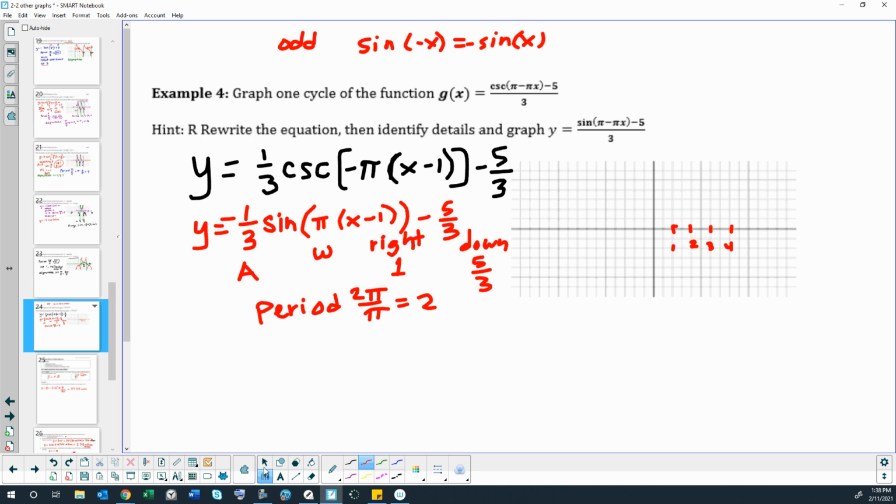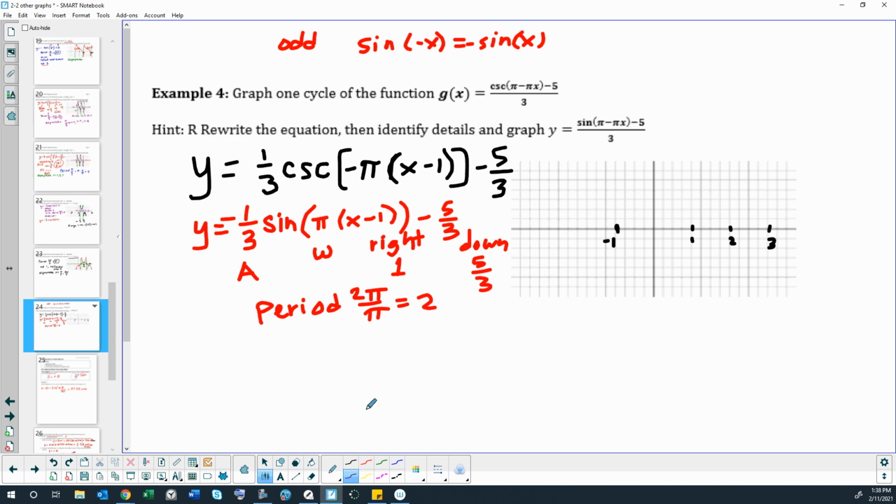That seems a little squished. Let's spread it out a little bit more. See, this is why they always tell you to use a pencil in math. 1, 2, 3. That gives us room for our shift to the right and gives us a little bit more breathing room so we can see what's happening.